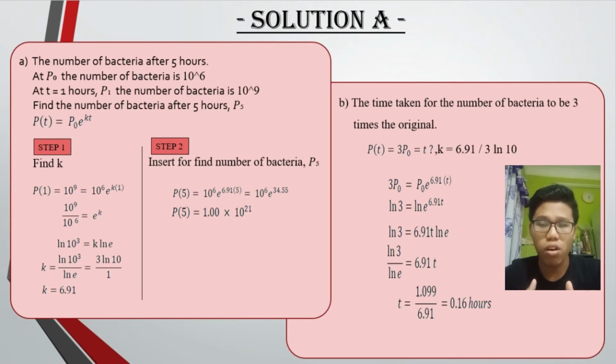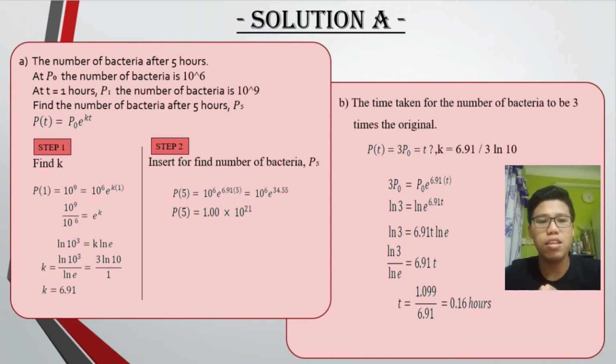You can see that after we insert into the formula P(t) = P0 e^(kt), we get k from this formula. After we get k, we just need to insert it into P5, because we need to find the number of bacteria after 5 hours.